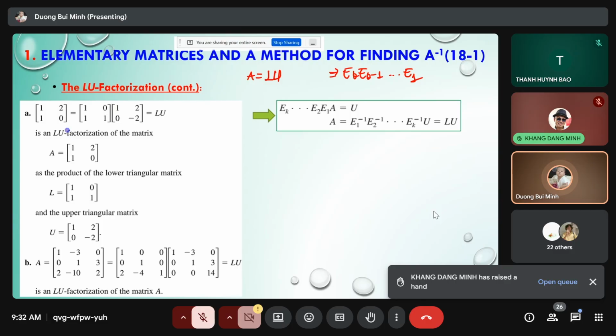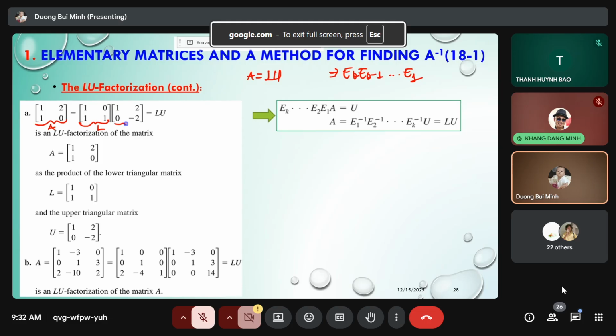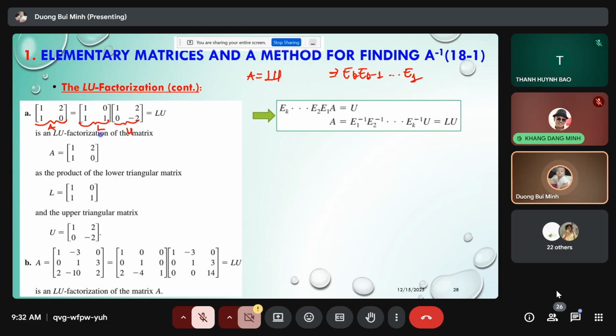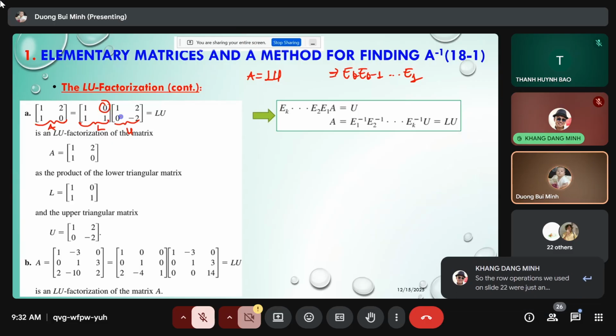So we have an example first. This is matrix A, and you can analyze A to become the LU factorization. This is L, this is U. Why do we know this is a lower triangular matrix? Because the elements above the diagonal must be 0, and here this is for the upper triangular matrix.